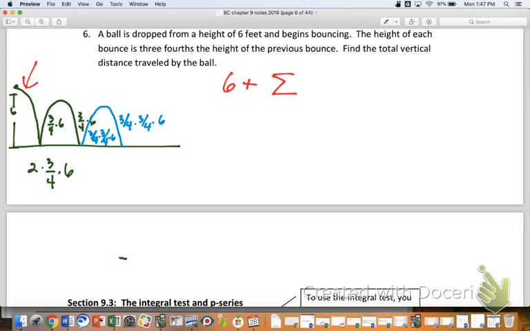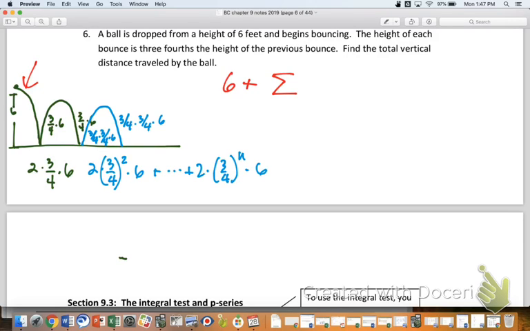Then this one is going to be 2 times 3/4 squared of 6, right? And presumably, wouldn't the next one be 2 times 3/4 cubed of 6? So I'm going to put plus ... plus 2 times 3/4 to the n of 6. Does that make sense? So that's going to be the element that I put into my sigma.